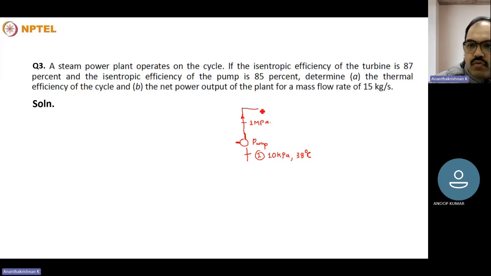And then it gets heated up, goes into a boiler. And this is pump, and the isentropic efficiency is given as 0.85.